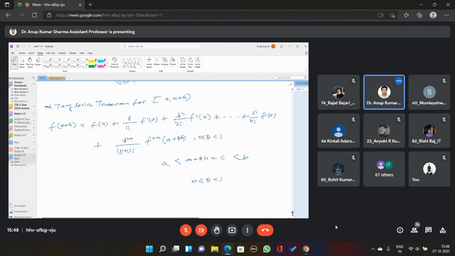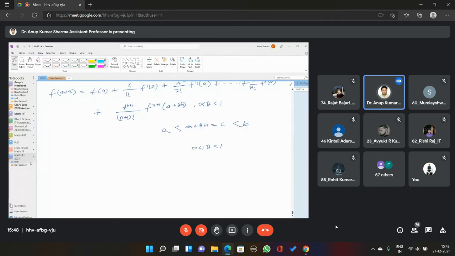So a plus theta h is equal to c, which lies between a and b. This is another form. When you take a is equal to 0, f of h is equal to f of 0 plus h upon factorial 1 f dash of 0, plus h squared by factorial 2 f double dash of 0, and it goes on in the same manner.